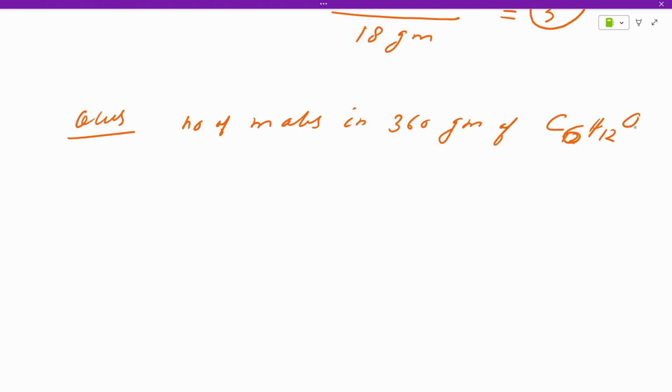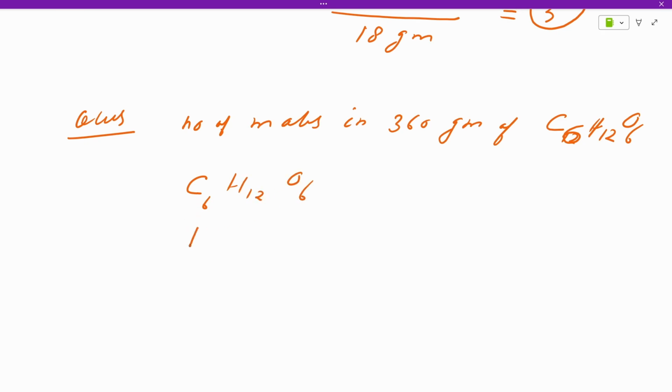We can take one more question. Calculate the number of moles in 360 gram of glucose. Glucose क्या होता है? C6H12O6.